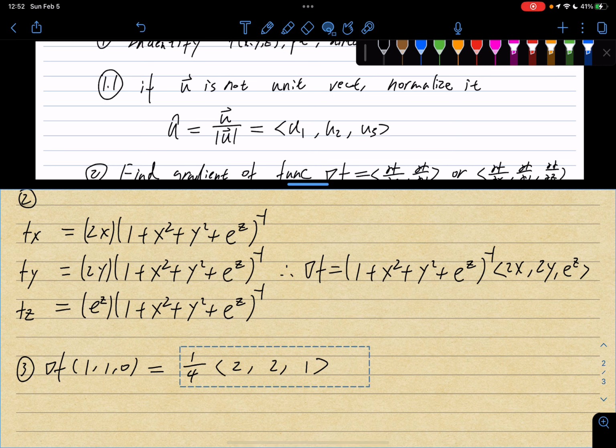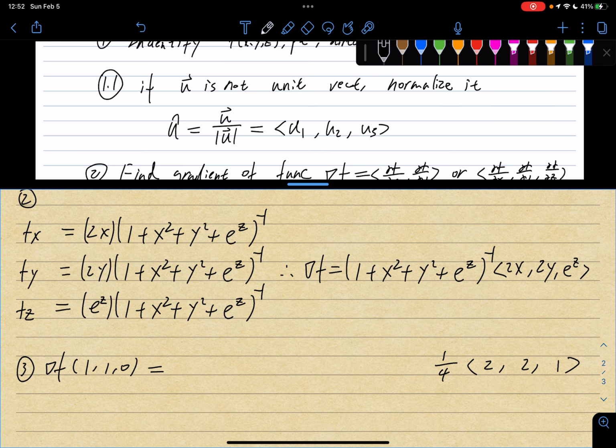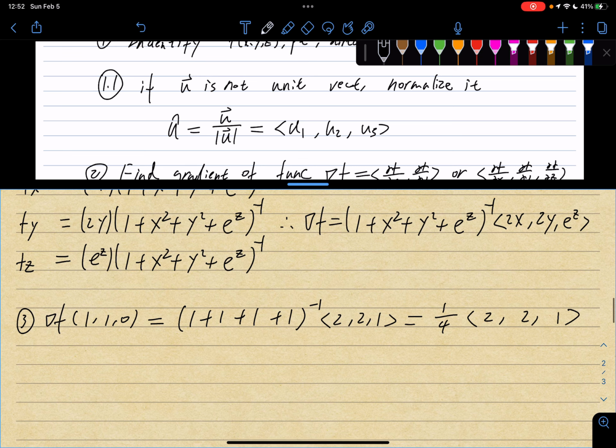Let me expand that a little bit for you. This gives us (1 plus 1 plus 1 plus 1) to the negative power, and then we have (2, 2, 1).